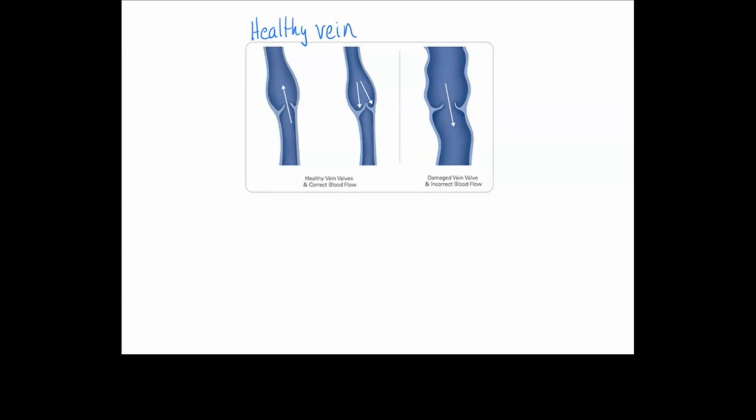Okay, you can see that the blood flows up, the valves open here, and they let the blood flow up. Then the valves close behind the blood, and the blood can't go back down.